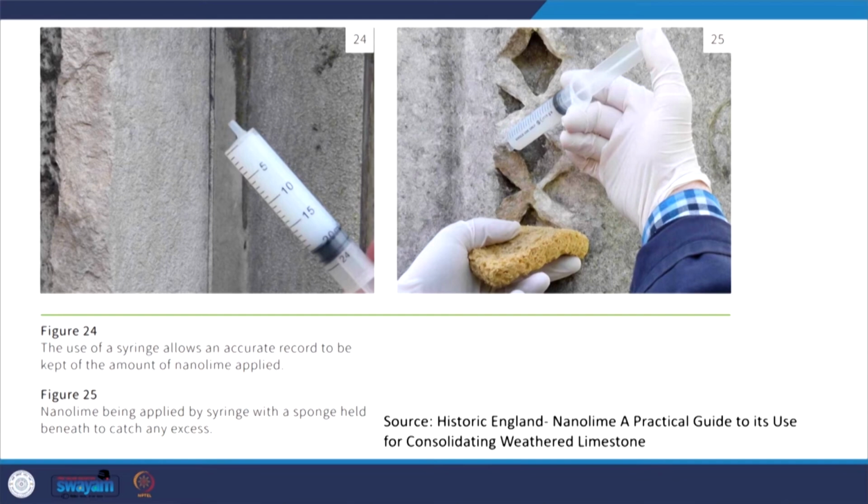Then we can actually use the nano-lime. There are three processes: we can apply it by spray, or by syringe. If we apply it through the syringe, we know what quantity we are giving. Similarly, the excess could be collected with a sponge. So it should be meticulously carried out.